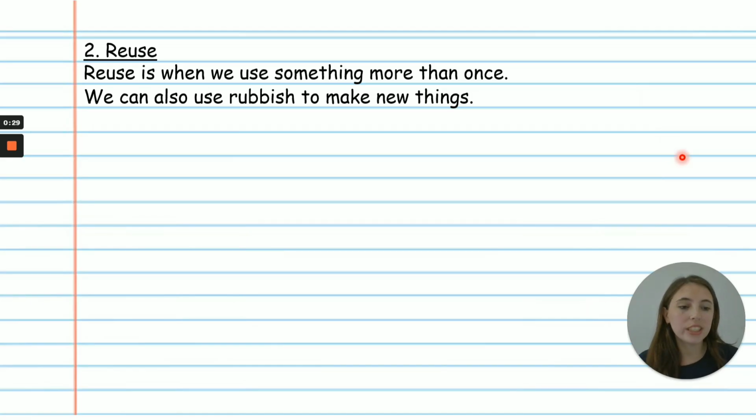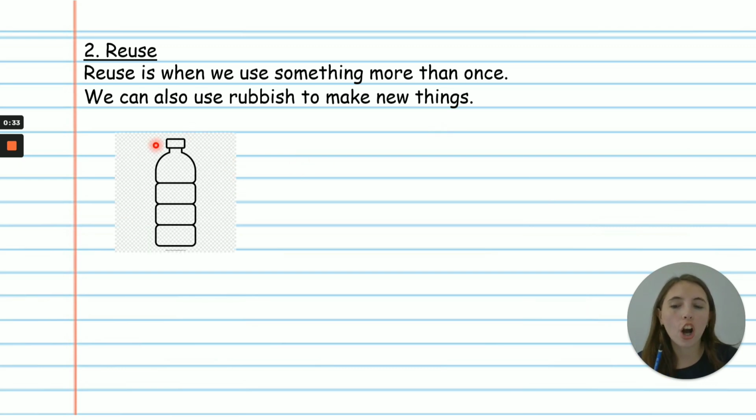So for reuse, we are going to draw a picture of a plastic bottle. So quickly draw a picture of a plastic bottle. And then you draw an arrow from the plastic bottle.